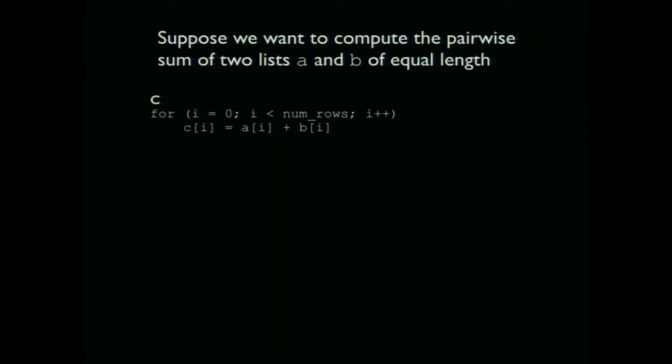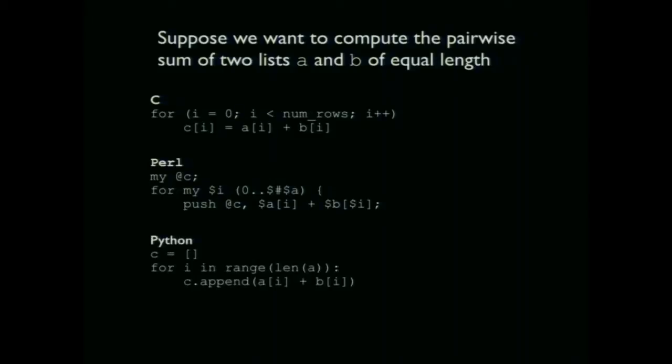We have a simple for loop, and then C[i] = A[i] + B[i]. In Perl, we don't have to know how big it is because it's already there in $#A, and we can just push things in there. So that's fine. In Python, the idiom's a little bit different, but we can do the same thing. But if A and B were NumPy arrays, all we have to do is just say C = A + B.